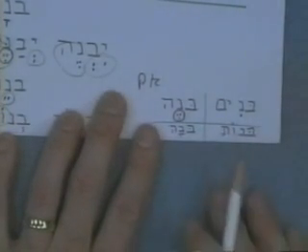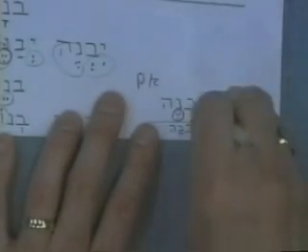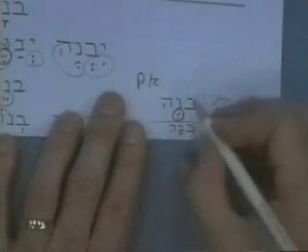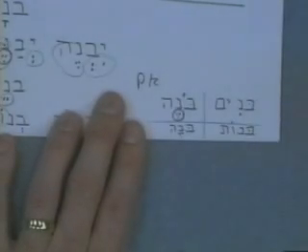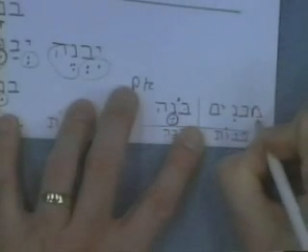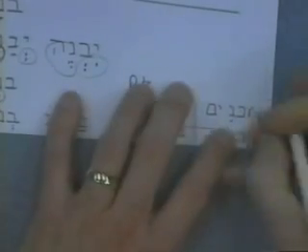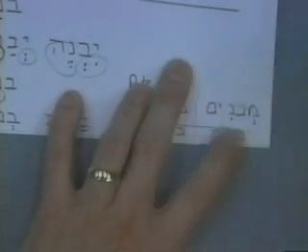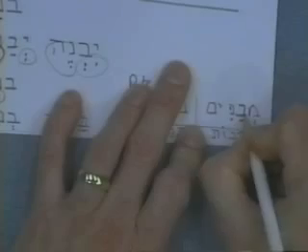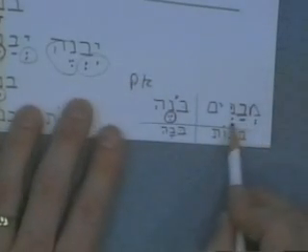That's true for any participle. These could be Kal, these could be Piel so far, right? If we wanted to make these all Kal, we just leave the bet and put a holam in there. If we wanted to make them Piel, we'd add a mem in front of it. You've got to take out that dagesh lene, obviously. We'd put a dagesh forte in the middle root letter and point it as the Piel participle and have mevanim.